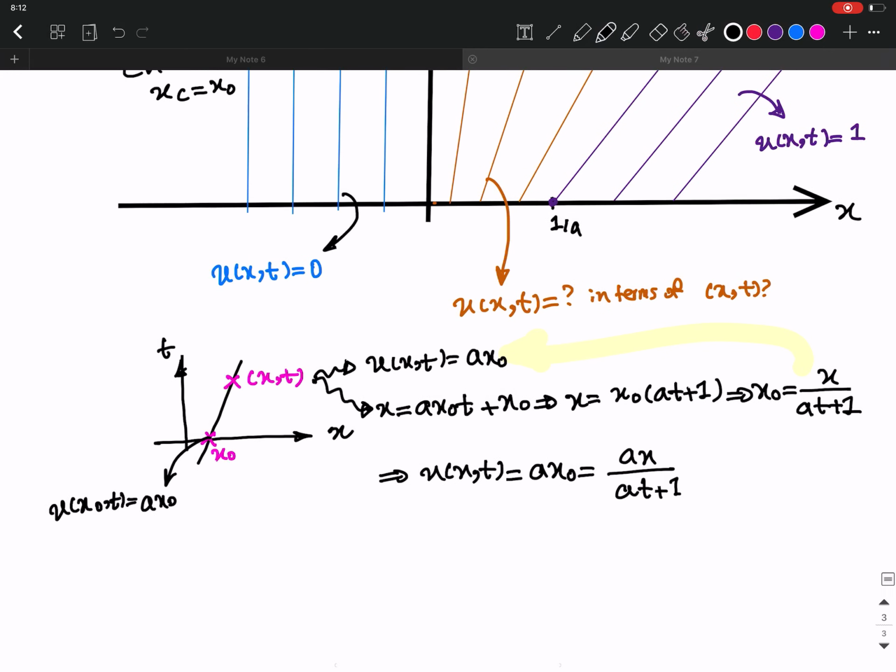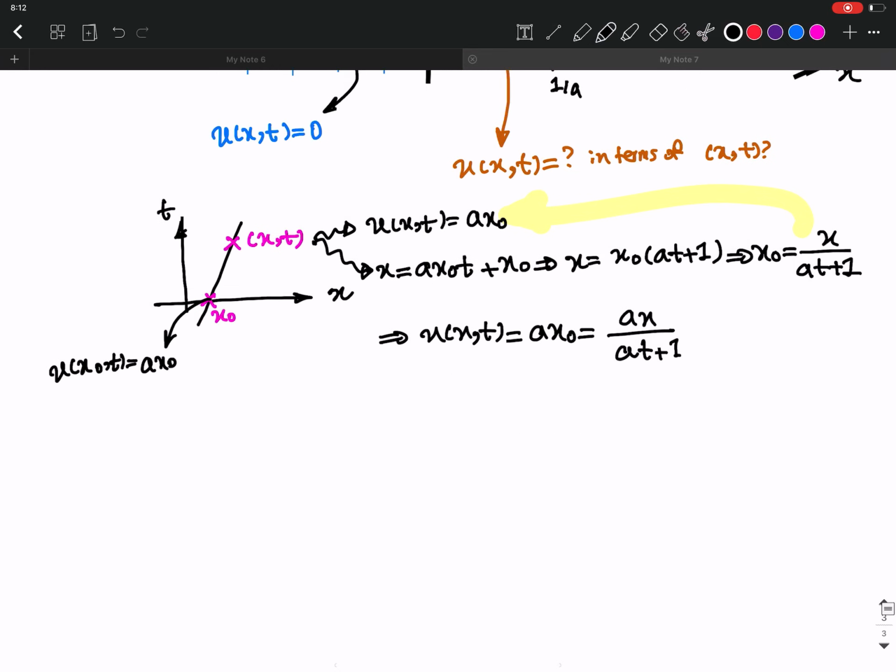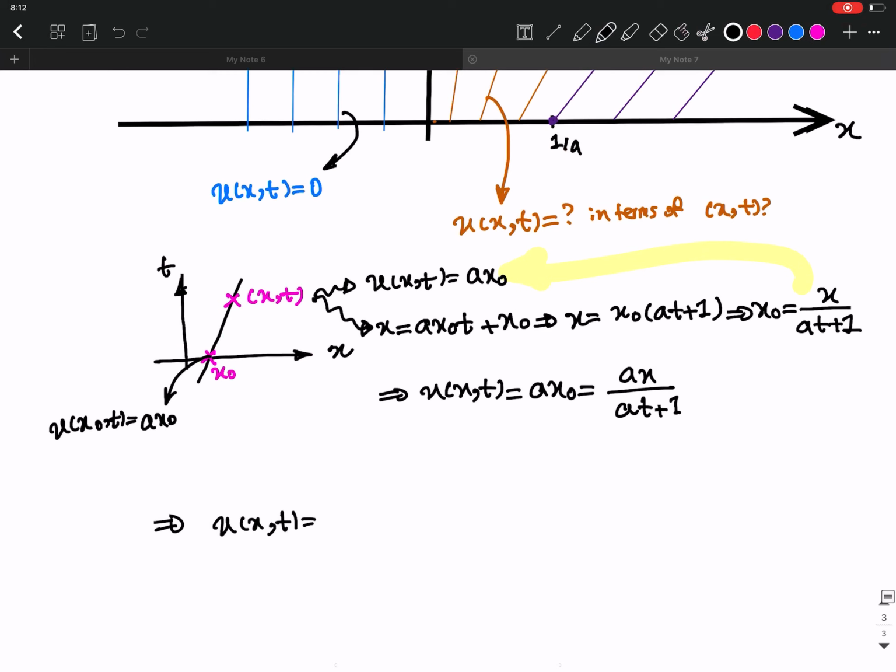And so this completes the full solution space of this equation, this Burgers' equation, based on the given initial data. So let me write it down. u(x,t) is going to be 0 when x is less than or equal to 0.